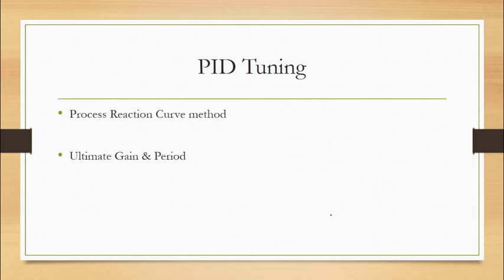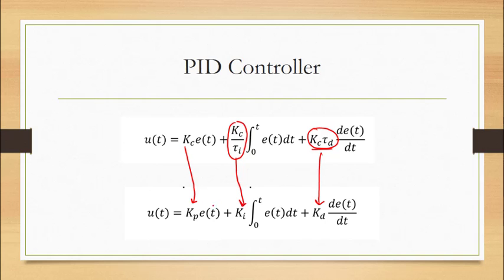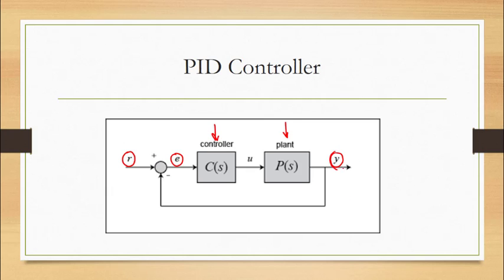Getting these Kp, Ki, Kd values is nothing but the tuning of the PID controller. The suitable values of Kp, Ki, Kd will drive the output to the desired set point.